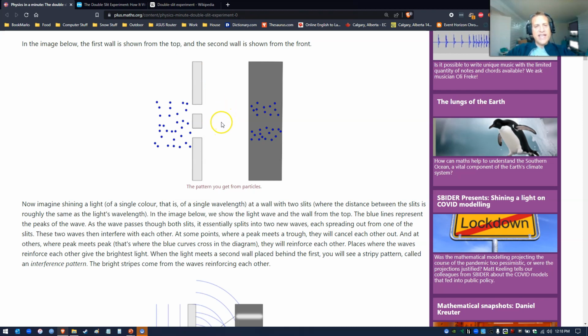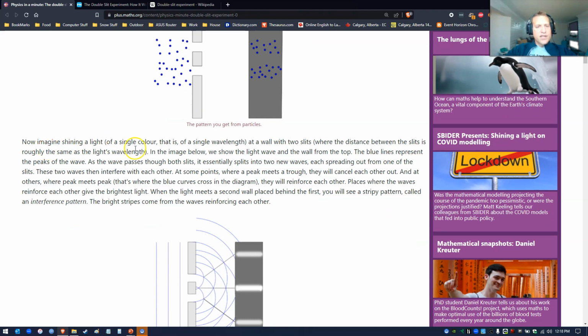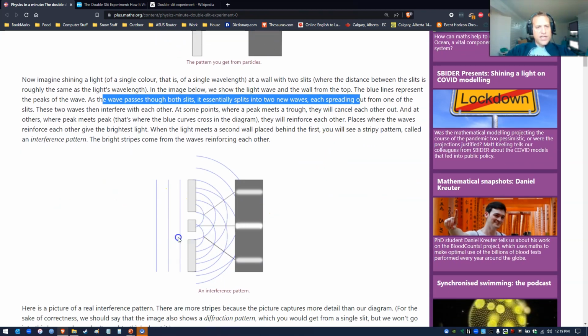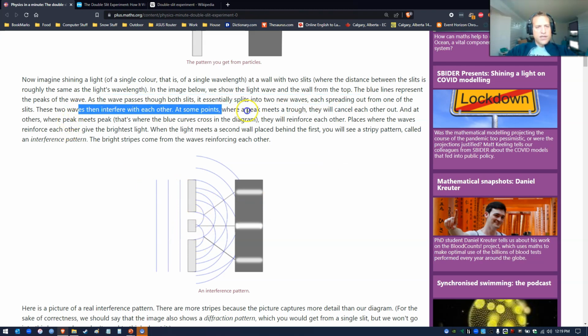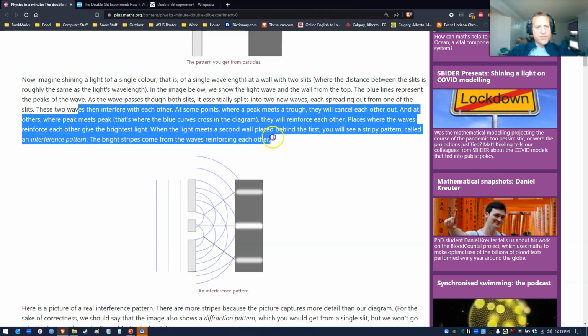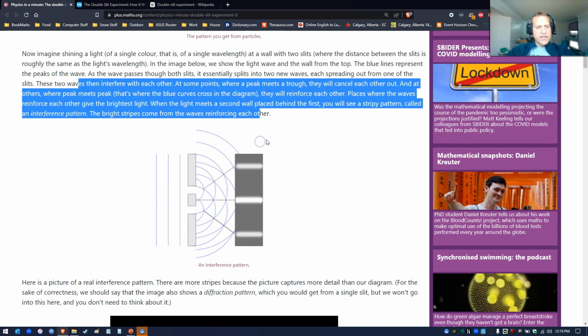Tennis balls are too big, so you get the classical result. Now imagine shining light. Yeah, so if you have a wave front like water, or enough photons, and you think of the photons interfering with each other, they cancel each other out or build up and you get this interference pattern. All right, okay, that's fine.